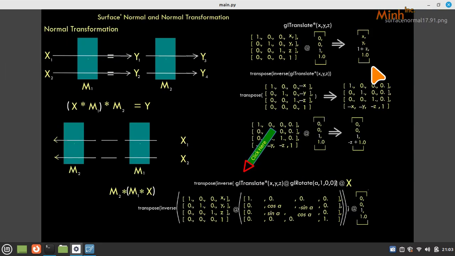Now we'll calculate the net matrix for the normal, so that will be the inverse and transpose, whatever we get.